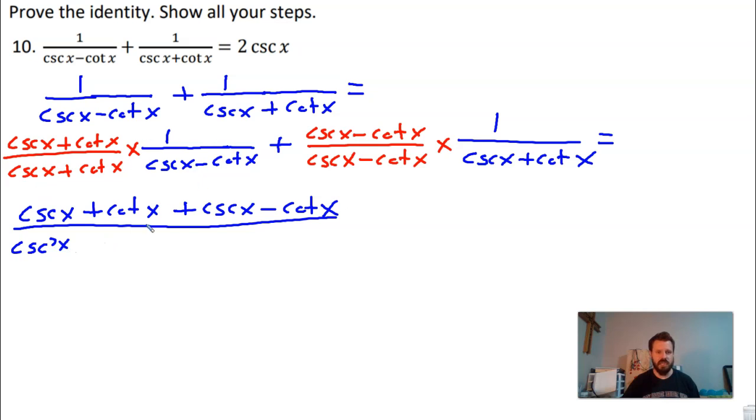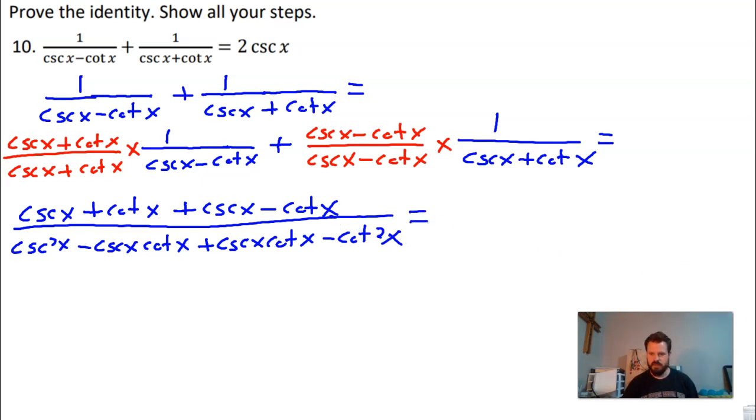Outer, cosecant times negative cotangent will be a negative cosecant x cotangent x. Inner, cotangent times cosecant is a plus cosecant x cotangent x. And then last, cotangent times negative cotangent is a negative cotangent squared x.